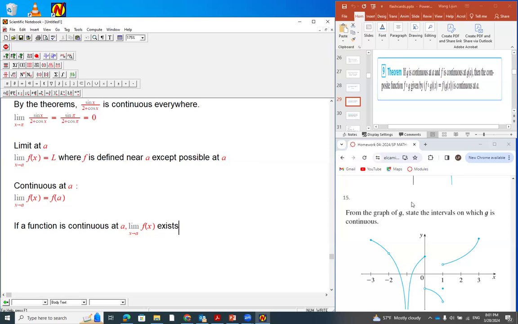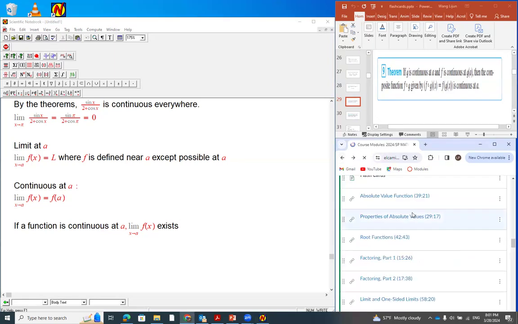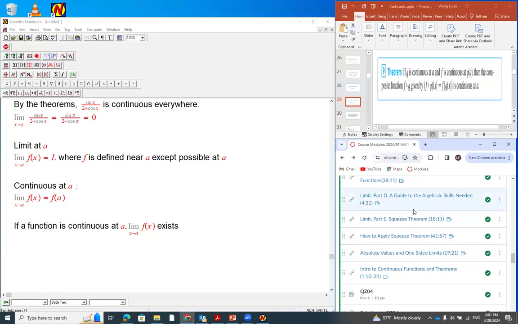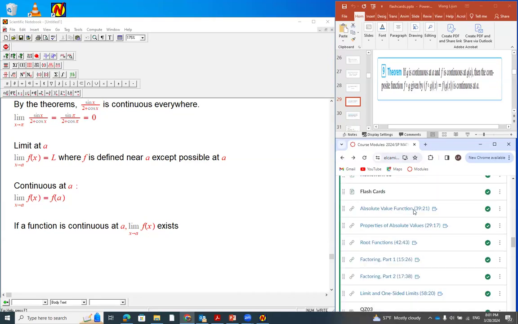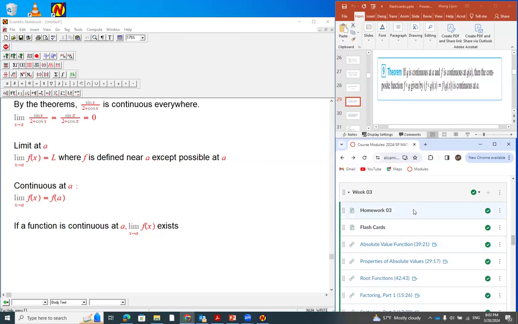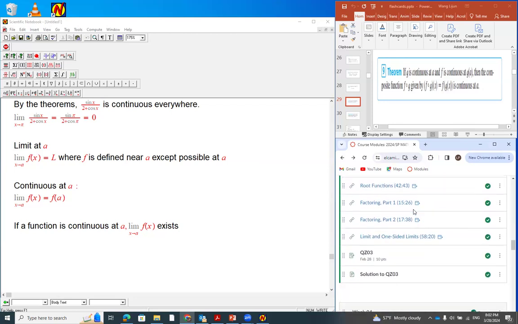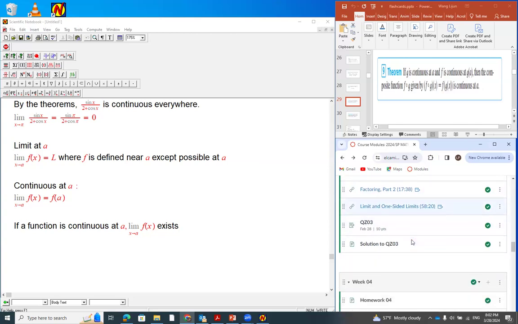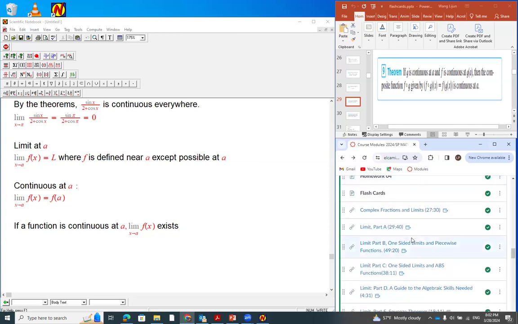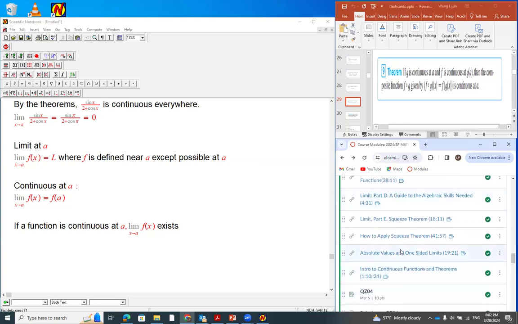Now, keep going. In week number three, we have some limits and one-sided limit examples, and these lessons you can watch if you need them. All of these are about limits, and a lot of them are about the homework: how to apply the squeeze theorem, absolute value, and one-sided limits.